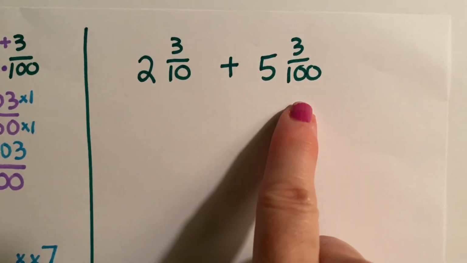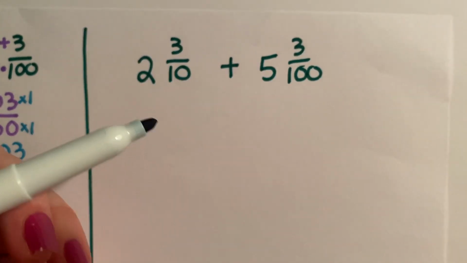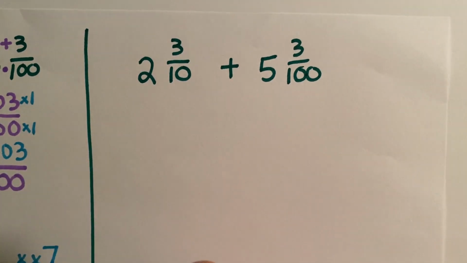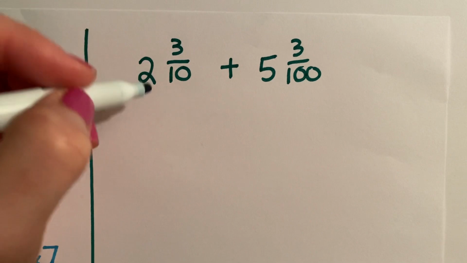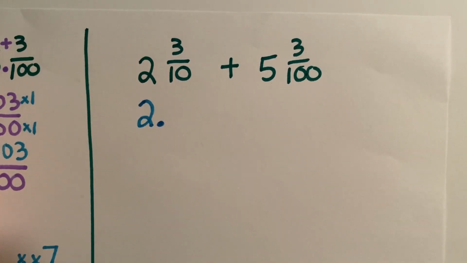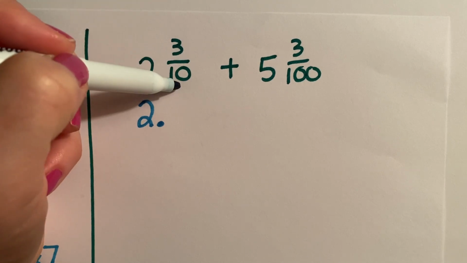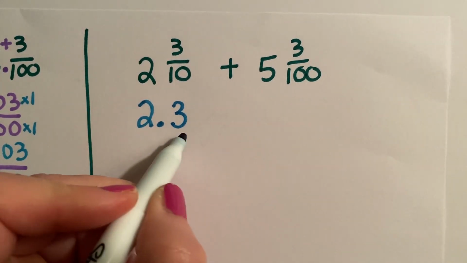So if we convert these mixed numbers to decimals instead of improper fractions, things might flow a little faster. So 2 3/10, that means we want the 2 in front of the decimal point. That's our whole number. 3 in the tenths place would be a 3 right here in the tenths place.